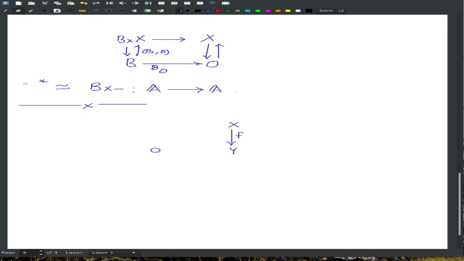So it should be some B0, because this one I will denote by this unique map 0y. So this is exactly the kernel of F. Right? This is the unique map, and this is the kernel of F. This is a pullback. So the kernel of f is nothing else but this pullback. Okay?